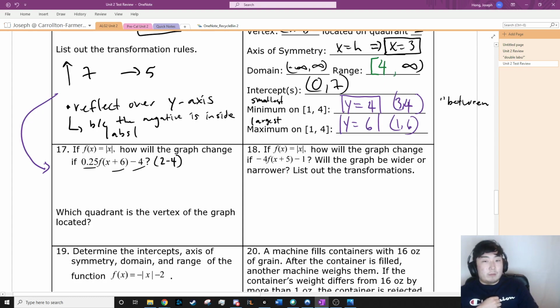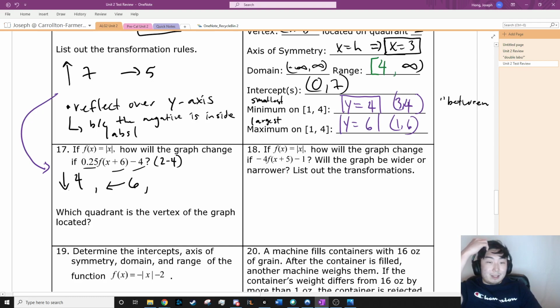Let's start with the easy one. The -4, that's going down 4 units. The +6, that's actually going to the left 6 units. We have to think of opposite, going towards the opposite direction. So in your head, you're thinking, oh, positive, it must be going towards the positive direction on the x line or the x-axis. That's not true for the x.